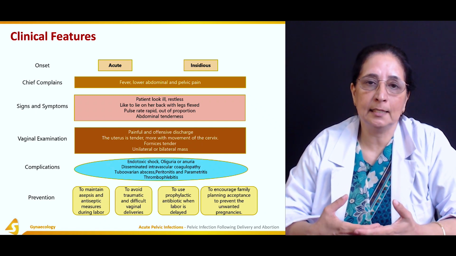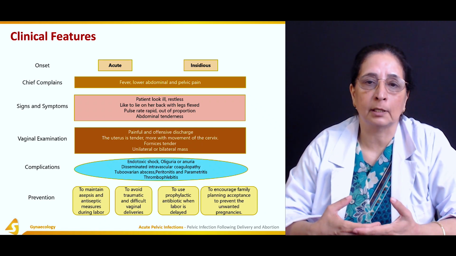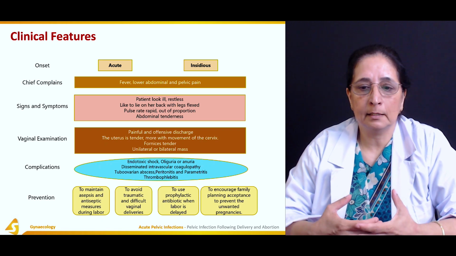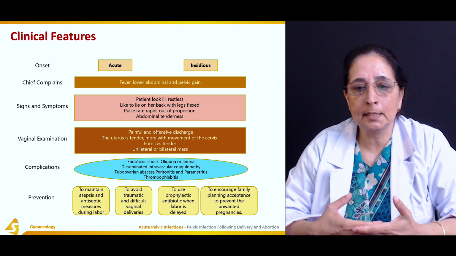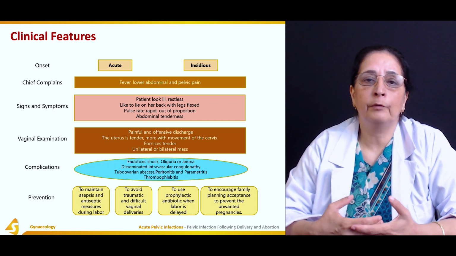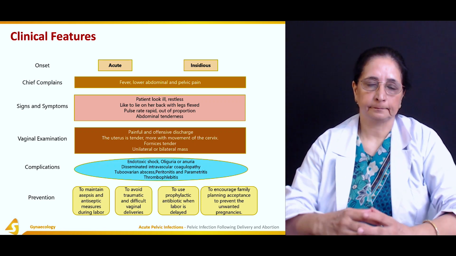DIC is disseminated intravascular coagulation, in which blood is clotted and present in the vessels. There is also tubo-ovarian abscess, peritonitis, and thrombophlebitis, inflammation of the veins.